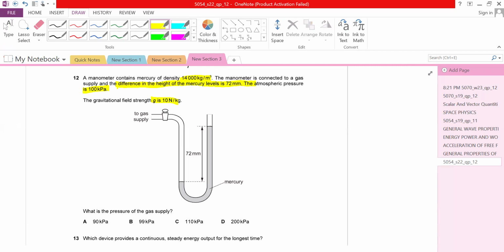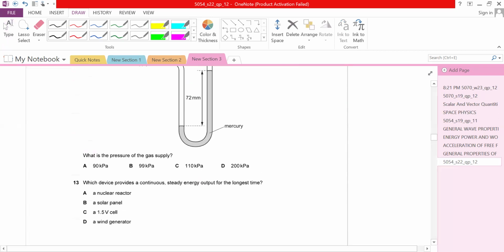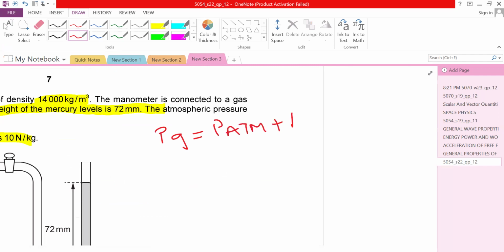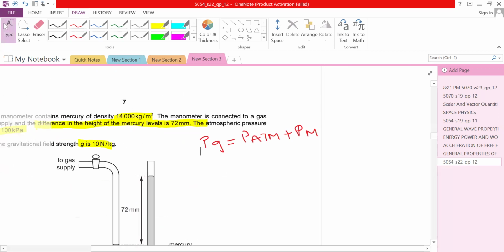So the formula which you will be using is pressure of gas supplied equals pressure of atmosphere plus pressure of mercury.